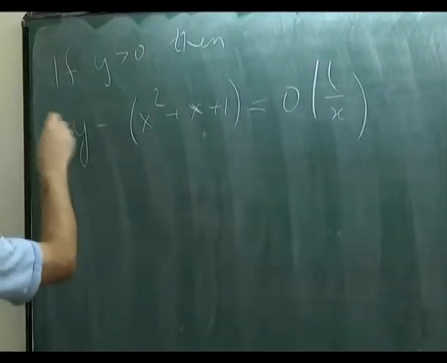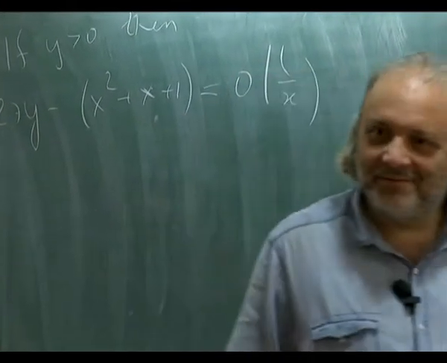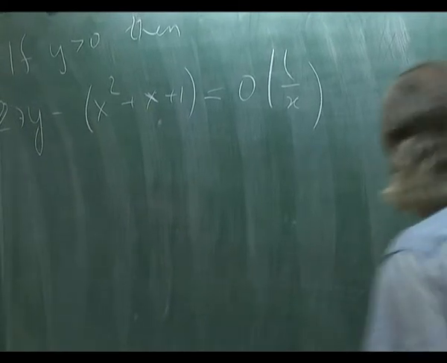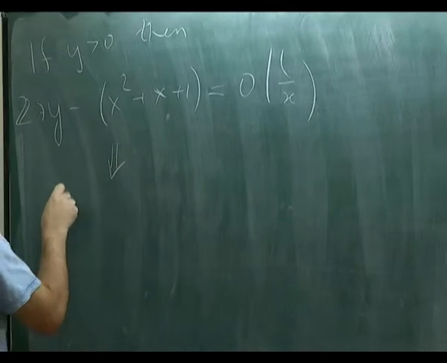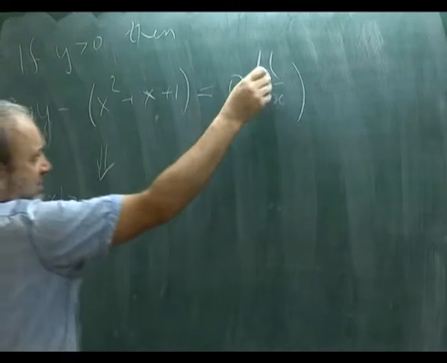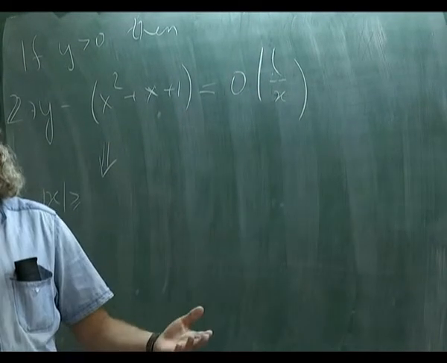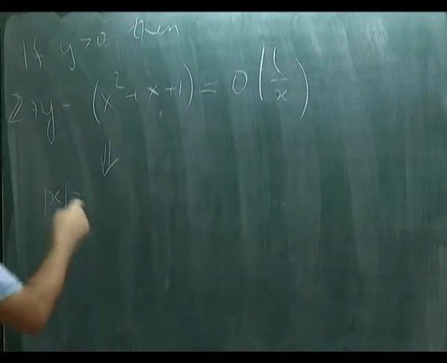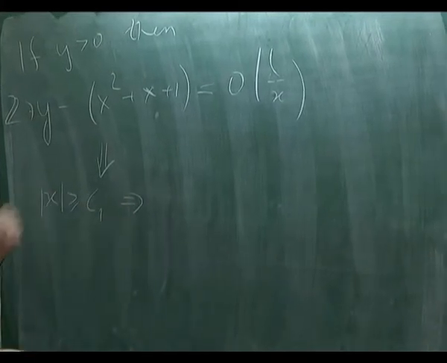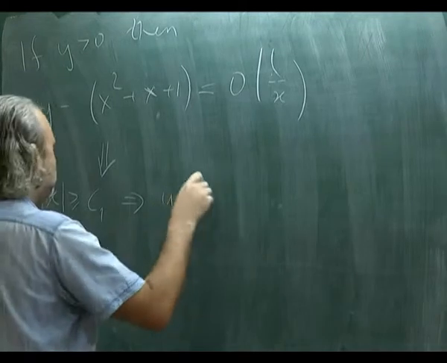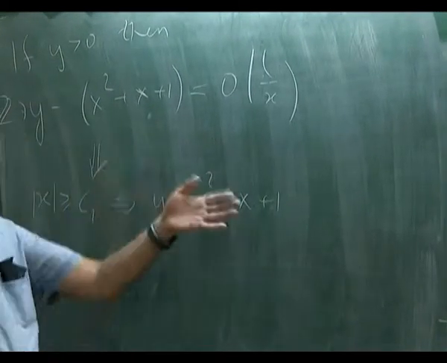But it is also an integer. Which means that when x is bigger than something such that this is smaller than 1, the main theorem of number theory tells us that y is equal to x squared plus x plus 1.